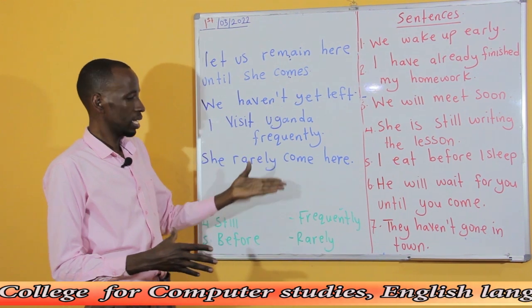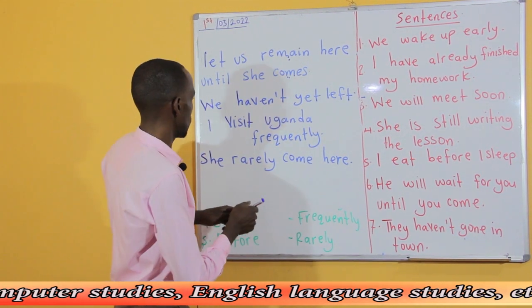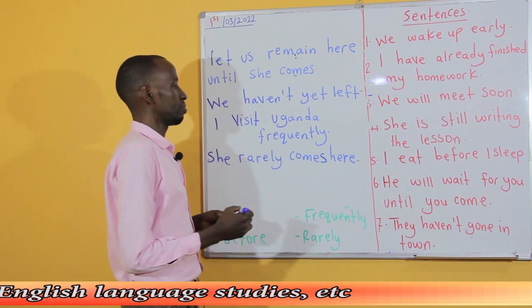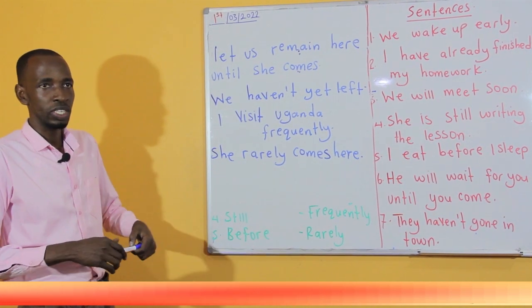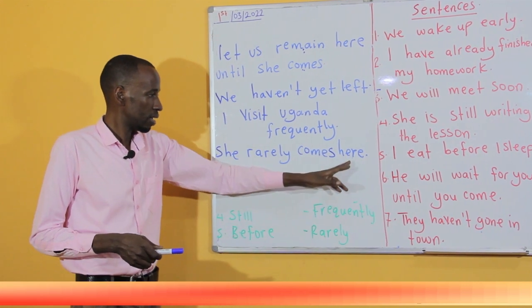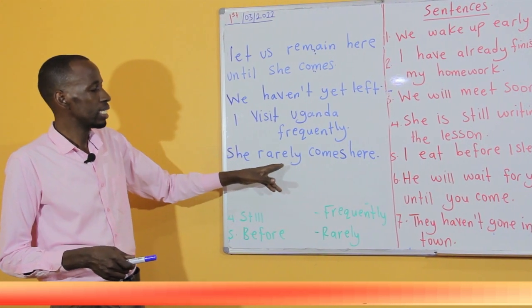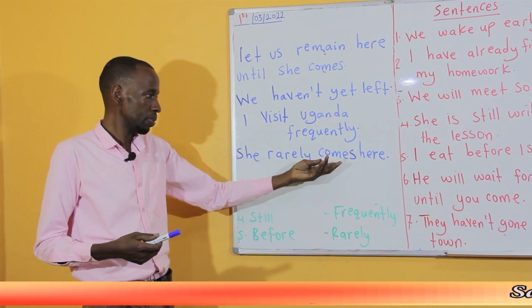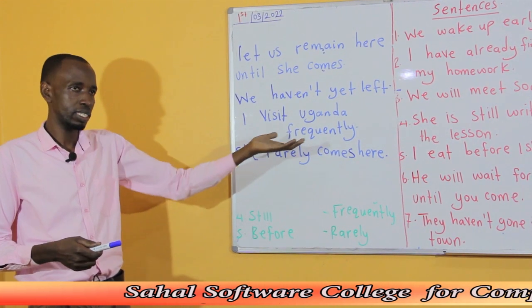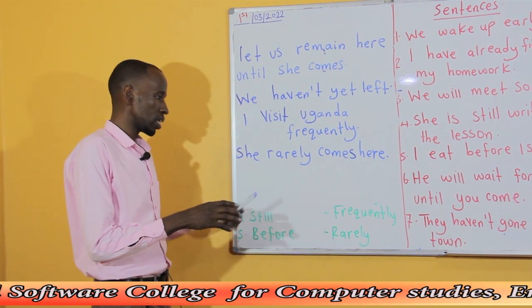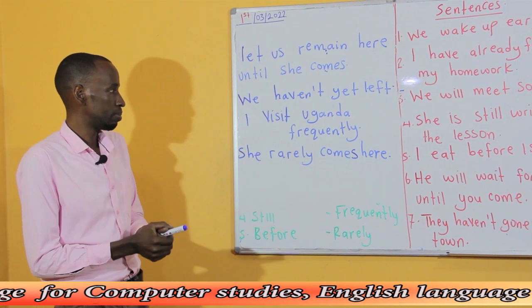She rarely comes, because this is present simple. She rarely comes here. So, of course, rarely is mainly used with present simple, and in present simple, when we use she as a subject, we must put s. So that's why I said she rarely comes here.